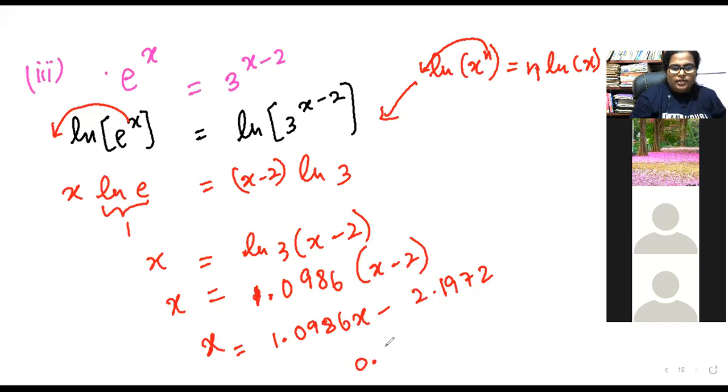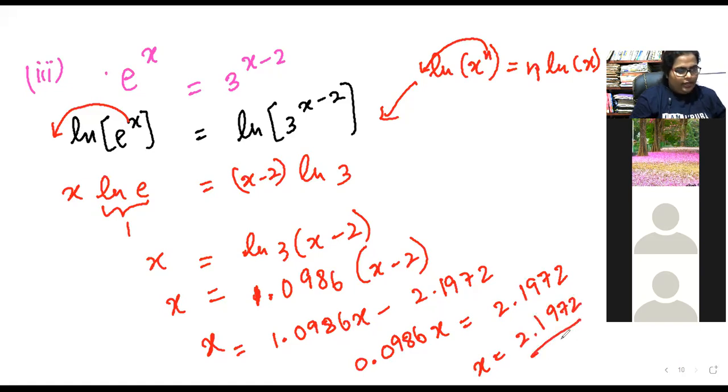So it can be concluded that 0.0986x equals 2.1972. So you can find x by dividing 2.1972 by 0.0986. So the value for this x is 22.28. Right?